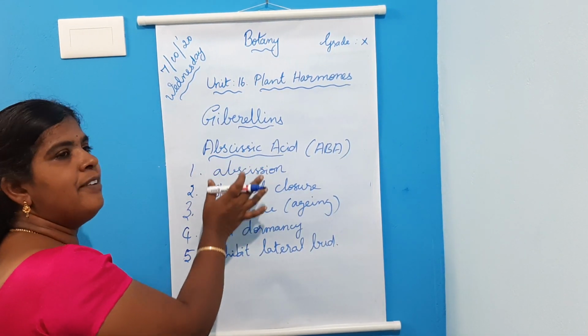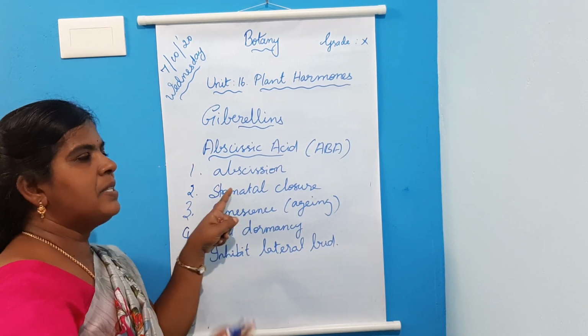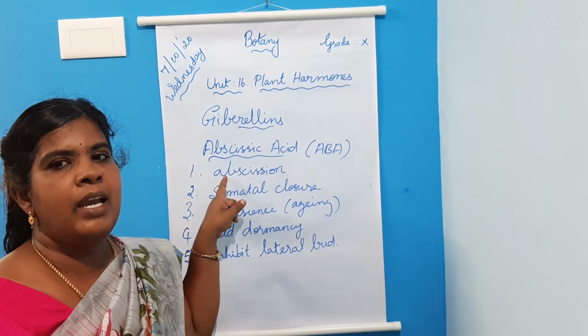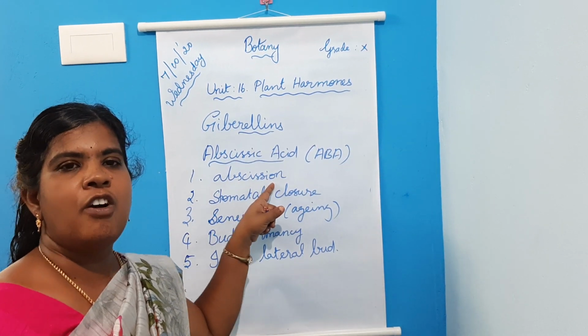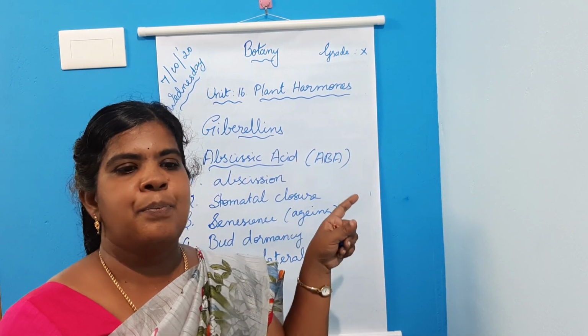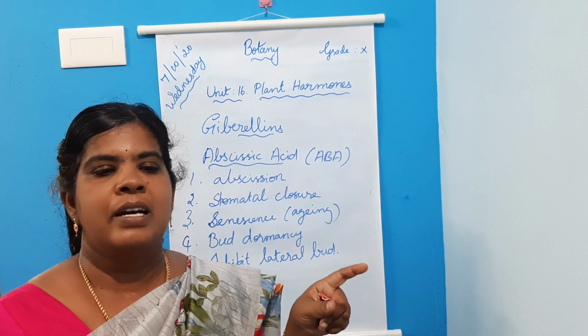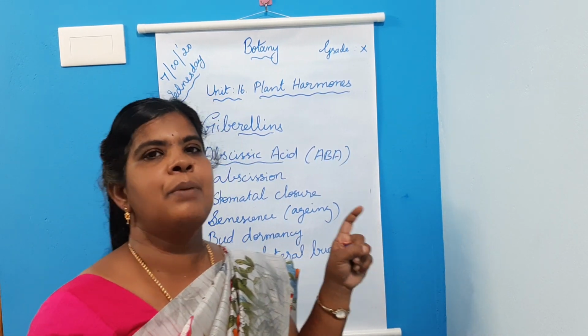Next, physiological effects of abscisic acid. Abscisic acid or ABA promotes abscission. What is abscission? Detachment of plant parts or separation of leaves, flowers and fruits from the branch.